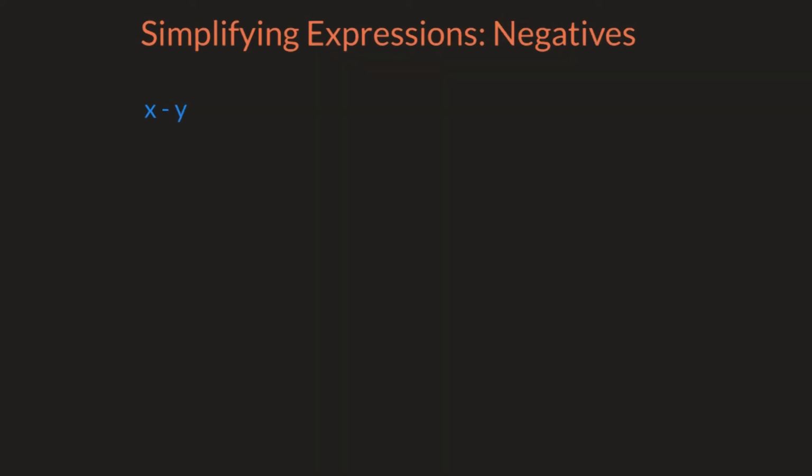Now let's talk about simplifying with negatives more generally. You can think about minus signs as being stuck to the term directly to their right. This way, when you rearrange terms, combine like terms, or clear parentheses, you'll automatically be treating the negative correctly.